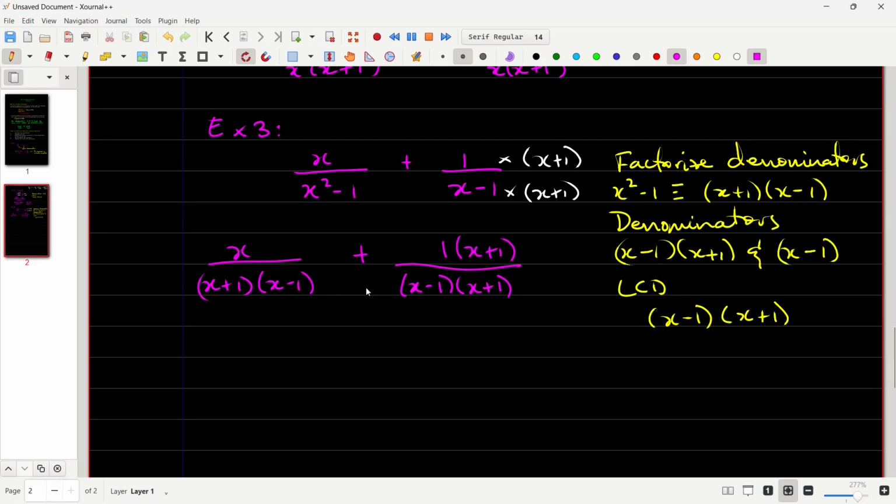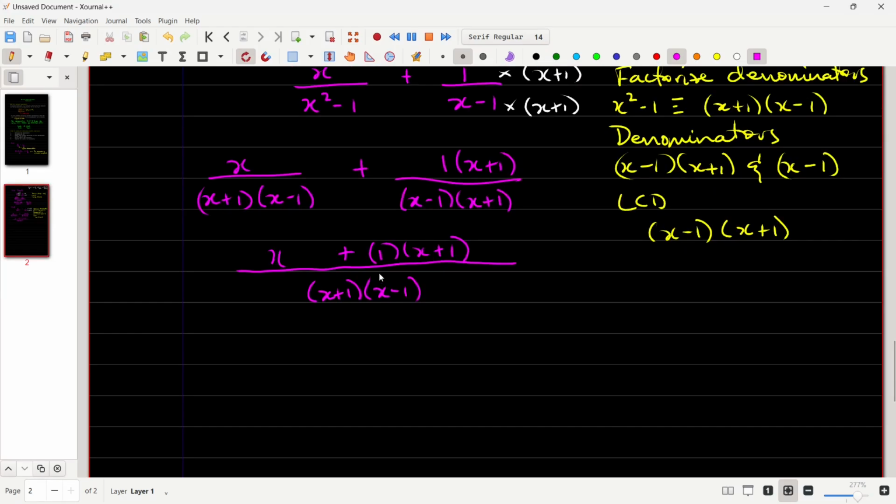Right, now I have the same denominators, and I can rewrite the entire thing to work it out. So I will have here x plus 1 into x minus 1, and then I can put x on top, since I didn't have to multiply this one by anything. And I would put plus, open bracket, 1 into x plus 1 on this side. I can expand now with the distributive law, so this is 1 into this and 1 into that.